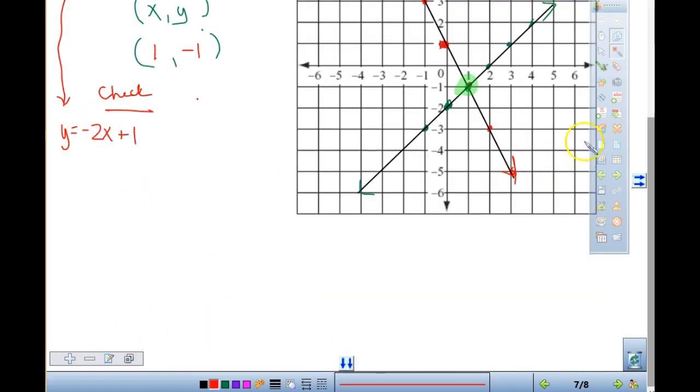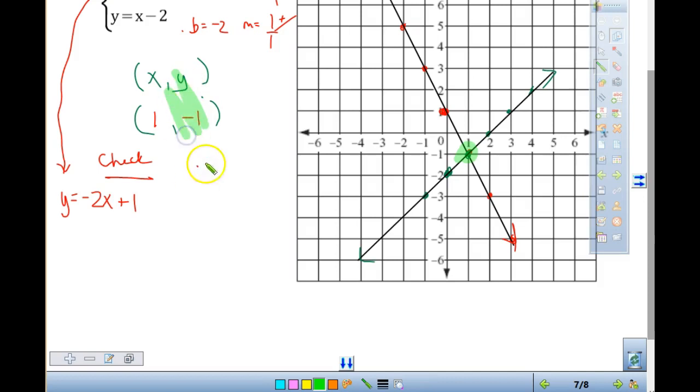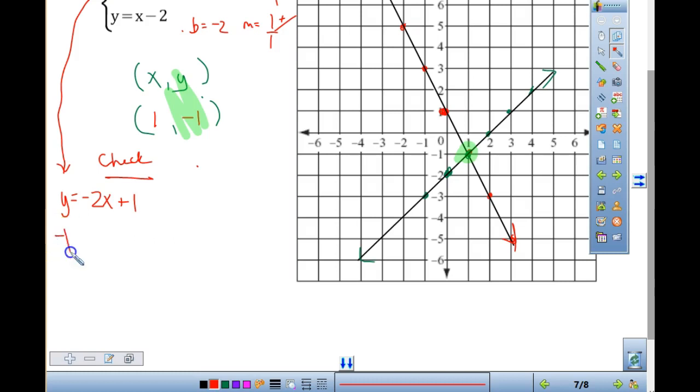If we start substituting that solution, what did we say the answer was for y? What is our y coordinate answer? -1. So we need to write -1 equals, and this is what we're checking. We are then going to write -2, but we're not going to put x.